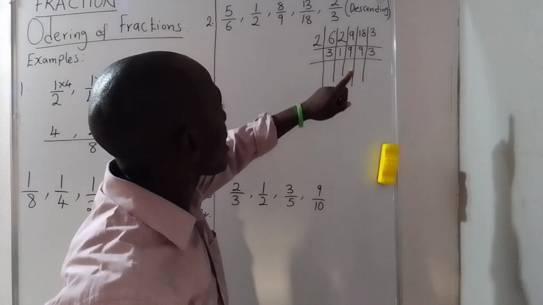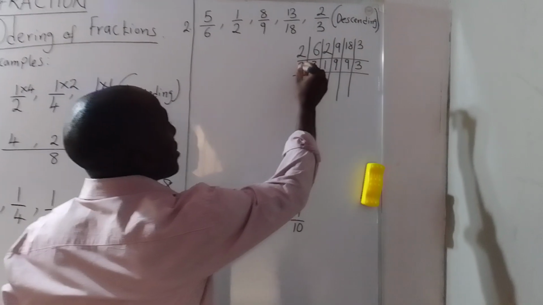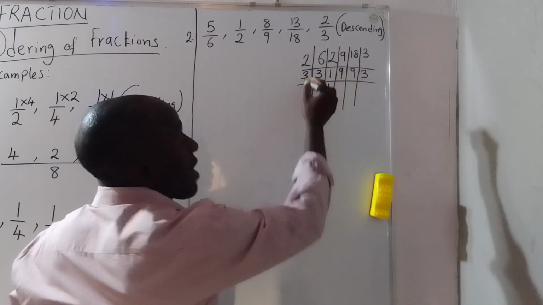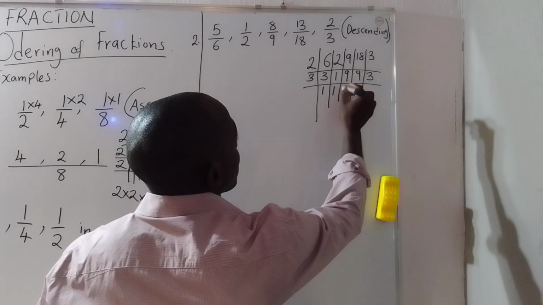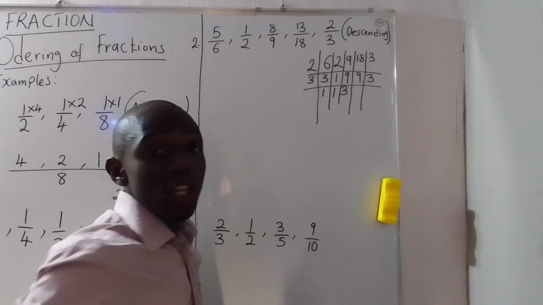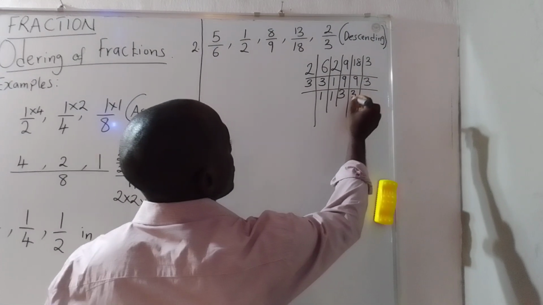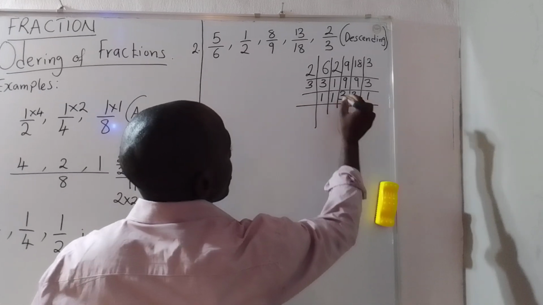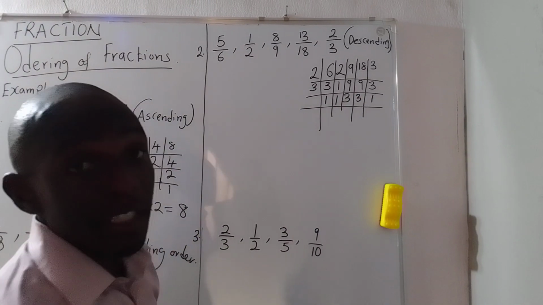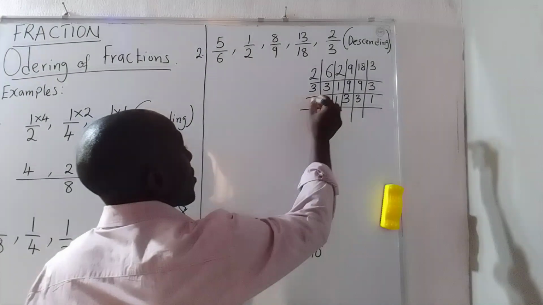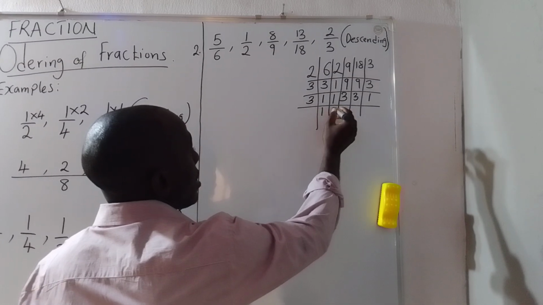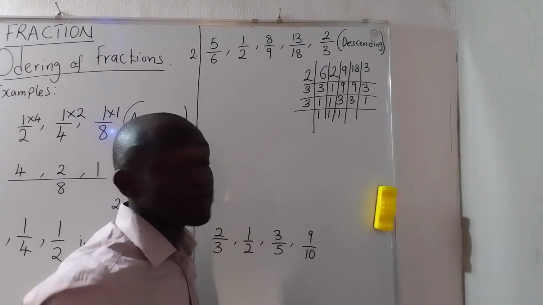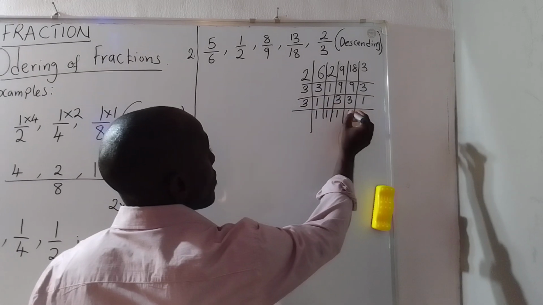Looking at it, we don't have an even number again. So 3 can be divided by 3, so we use 3. 3 divided by 3 is 1. Bring down this 1. 9 divided by 3 will give us 3. 9 divided by 3 will give us 3 as well. 3 divided by 3 will give us 1. We still have 3 here, which means it can still be divided by 3. 3 divided by 3 will give us 1, and 3 divided by 3 will give us 1.